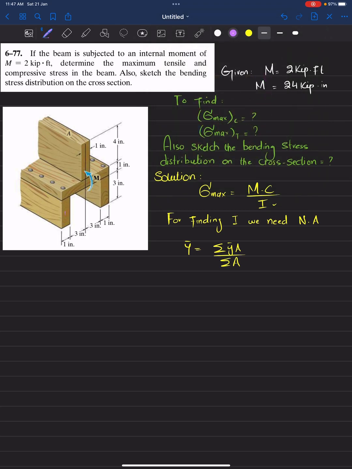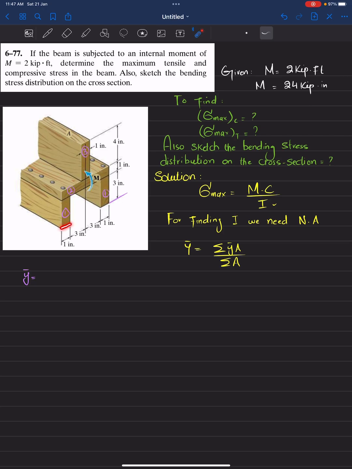Now you can see that this is 1, this is also 1, this is 2, and this is the third plank. We will take this base as a reference and find the location of the neutral axis from this base. So y dash is, for the first one, the area is 3 into 1.